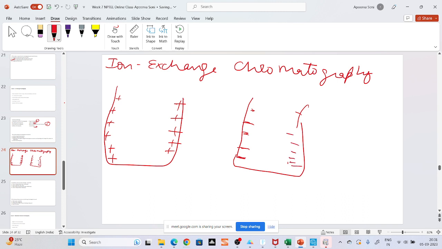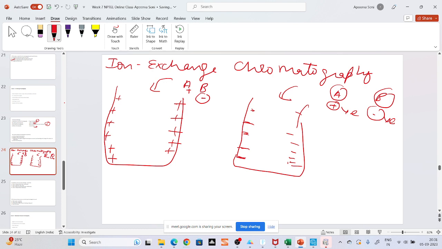Okay, so if I add a mixture of analyte, it is also charged. So what will happen here? Suppose my mixture of analyte has positively charged molecules also and negatively charged molecules also. A is positively charged and B is negatively charged. Here also A is positively charged and B is negatively charged.